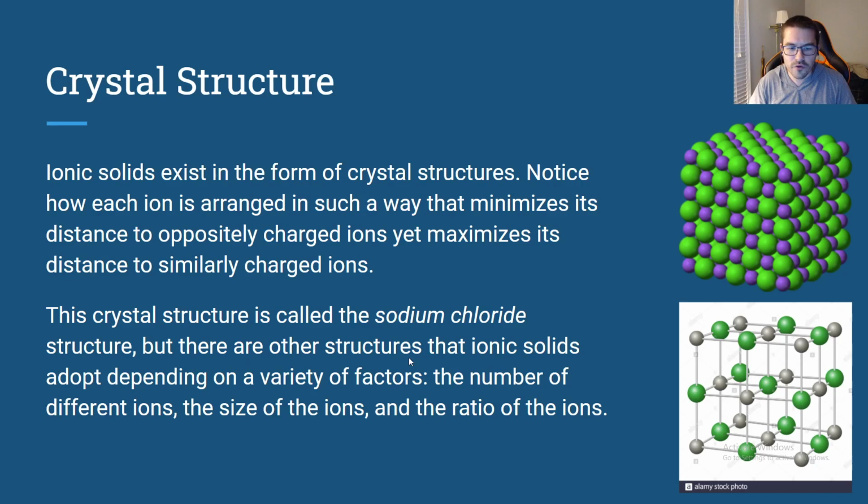There can be other crystal structures that form or that can be adopted based on a variety of different factors. It can be the number of different ions, whether or not there's a polyatomic ion involved, for example, the size of the ions. If the size of the ions is very different, then sometimes this crystal structure will not be the most energetically favorable. And then also the ratio of ions.